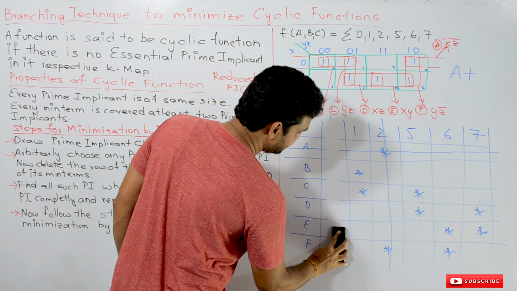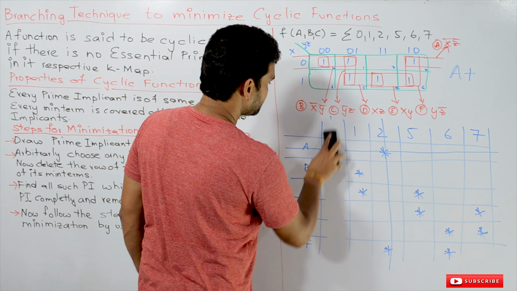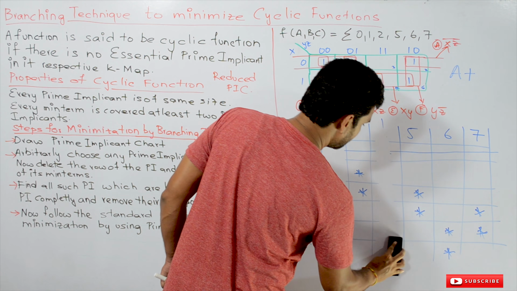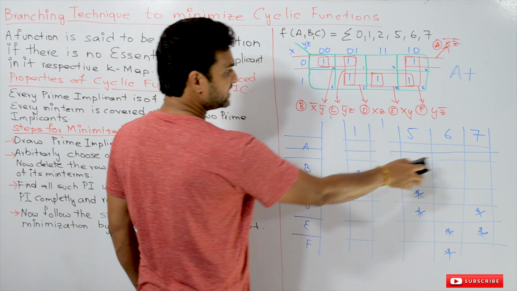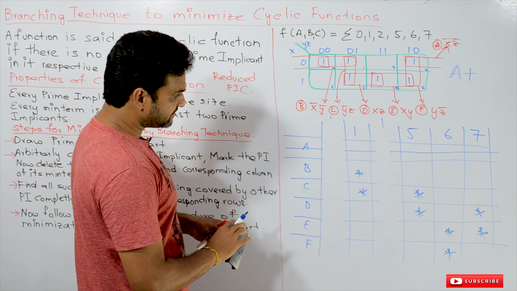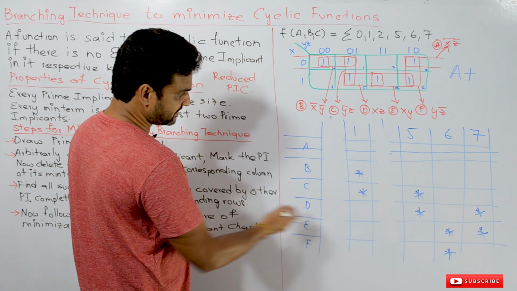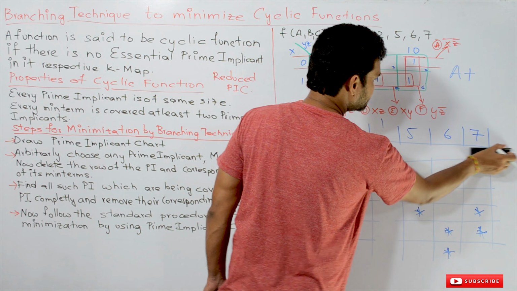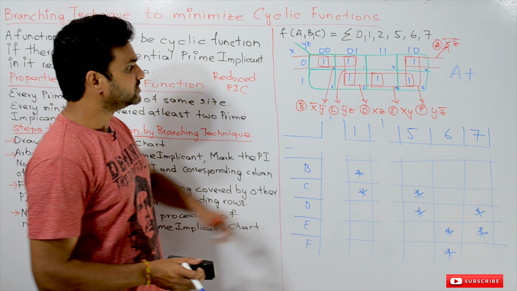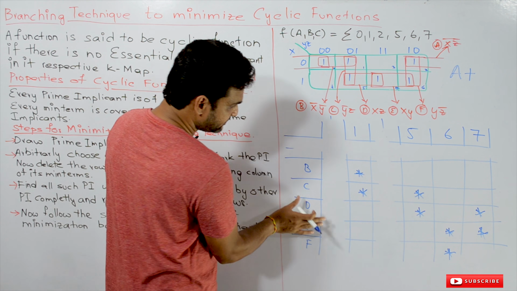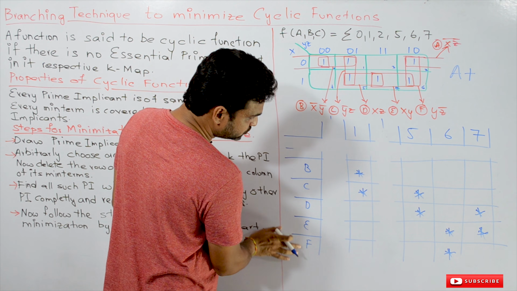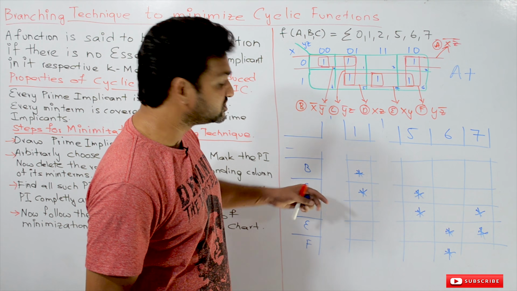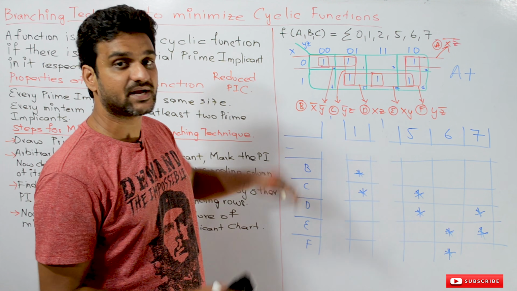So this has been deleted and this has been deleted. Now we are left with 1, 5, 6, 7. A has been chosen, so this row has to be deleted. From the remaining, we have to choose those prime implicants which are completely covered by other prime implicants.